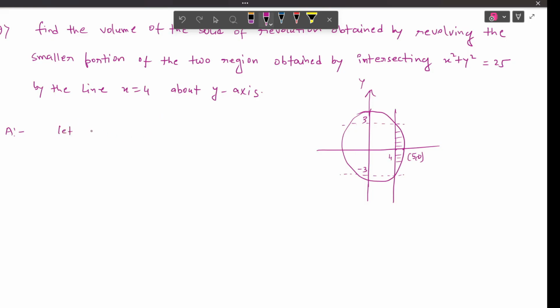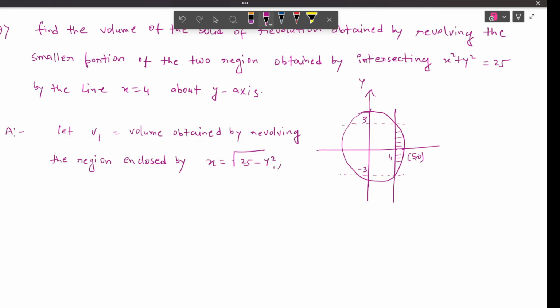So let V1 be the volume obtained by revolving the region enclosed by, so from here we can say that x would be square root of 25 minus y square, y is 3 and minus 3.